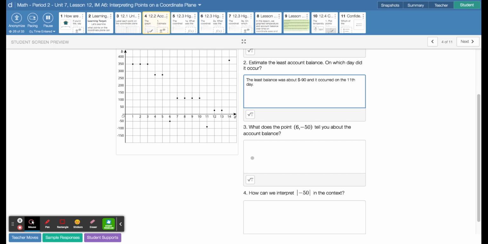And so what I can say about this is that (6, negative 50) tells me that on the 6th day, maybe I can say I borrowed, or whoever it is borrowed $50.